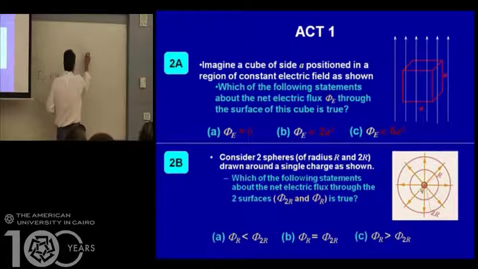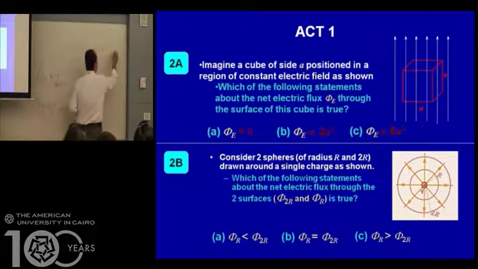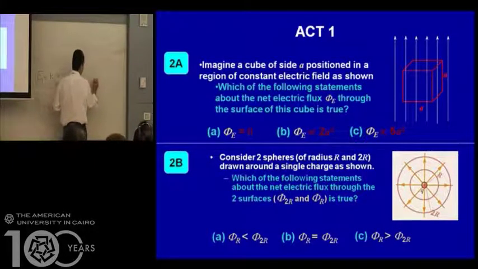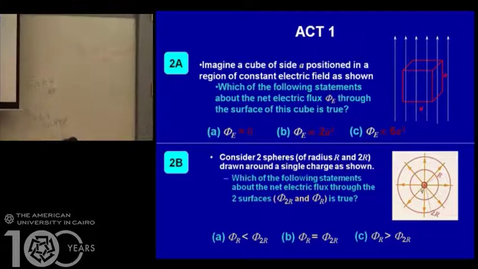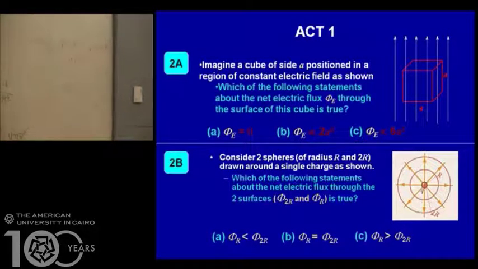Phi 2 equals KQ divided by (2R) squared, times 4 pi (2R) squared. That's 4 pi KQ. So we got the same answer, as Bishoy told us a minute ago, even without going into mathematics. Okay, good.